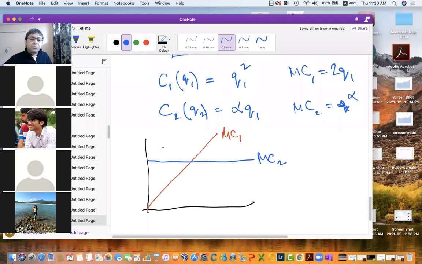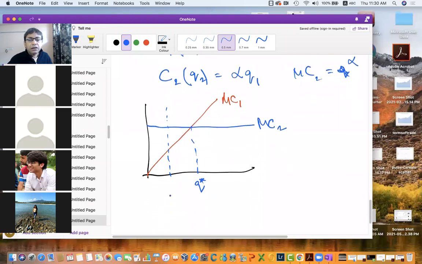So suppose the total output of the firm is small. In particular, let's say Q star is where the two marginal costs intersect. What if the firm is trying to produce something Q less than Q star? Can you tell me what the optimal allocation there will be?